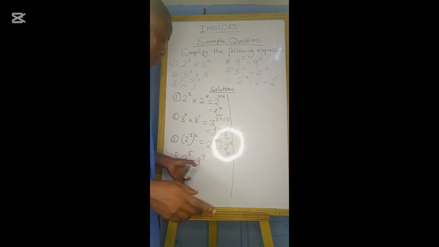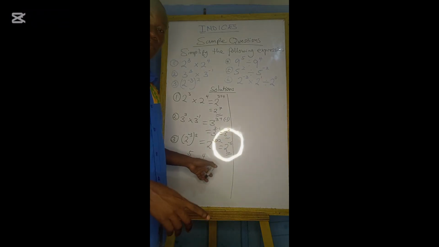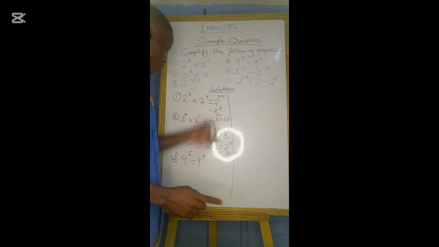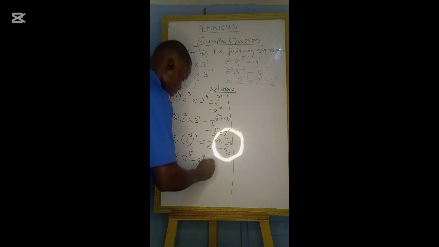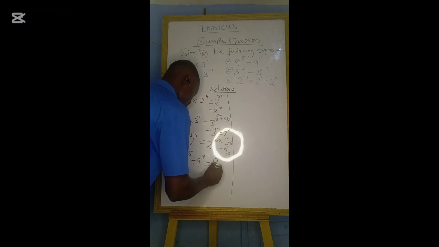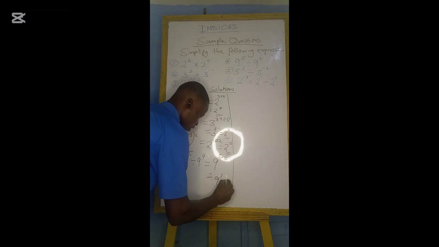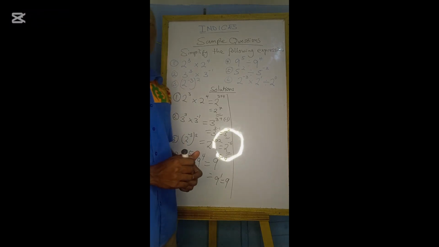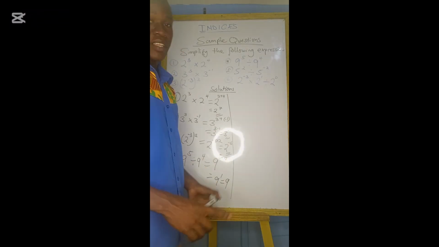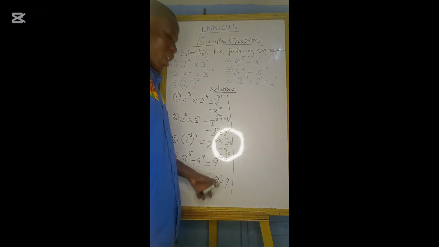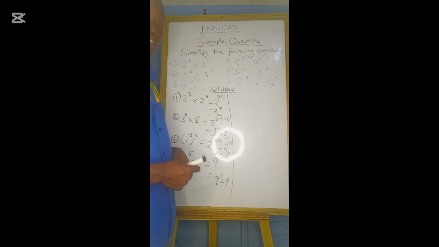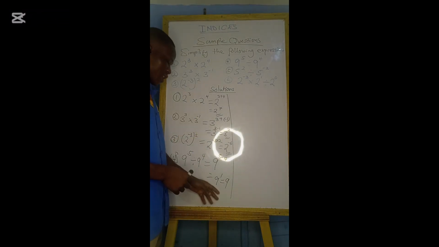When we are dividing numbers with the same base, we subtract the exponent, right? So here we apply it. So we have the same base 9 now, so we maintain 9 and then subtract the exponent 5 minus 4. And that one will give us 9 raised to the power 1, which is equal to 9. I told you about any number raised to the power 1 is the same number. So 1 raised to the power 1 is 1, 2 raised to the power 1 is 2, any number raised to the power 1 is that same number. So this is it.